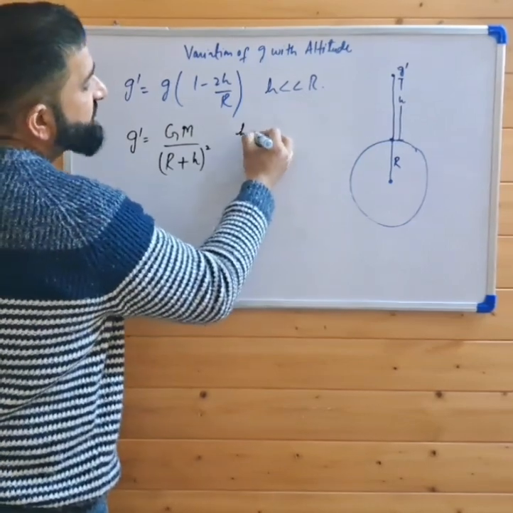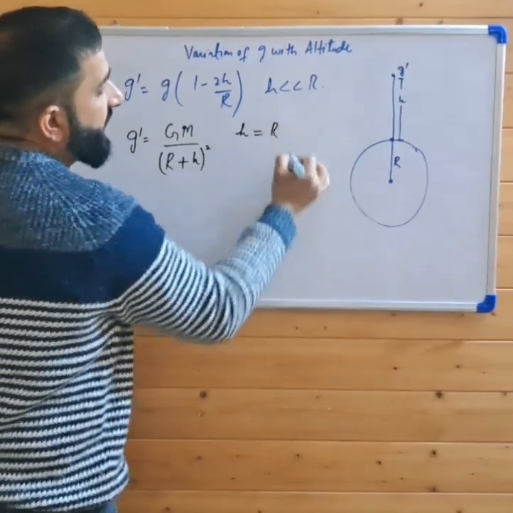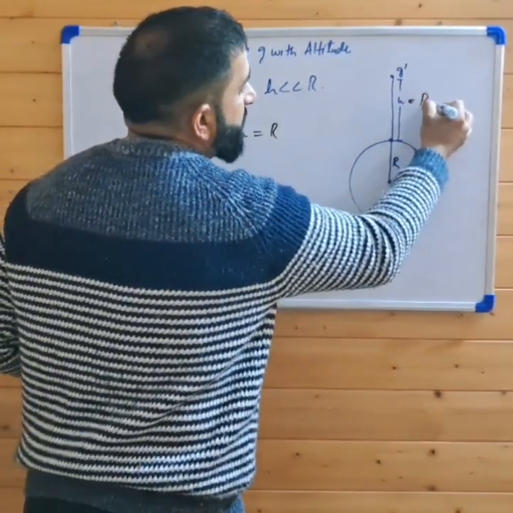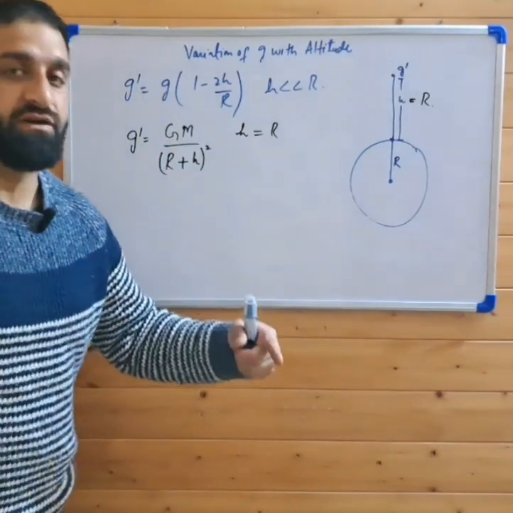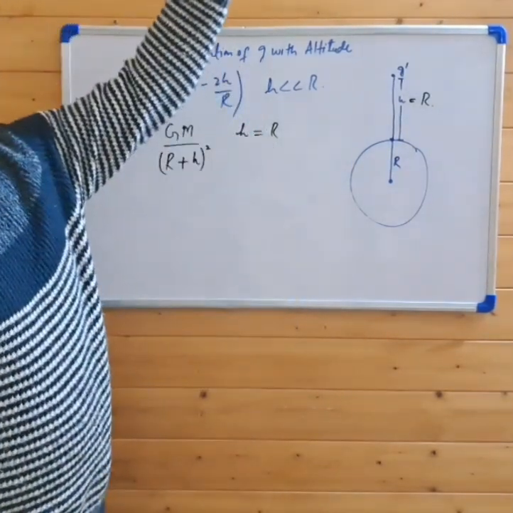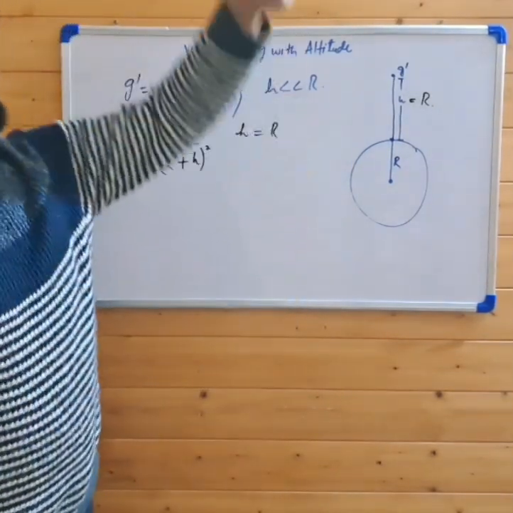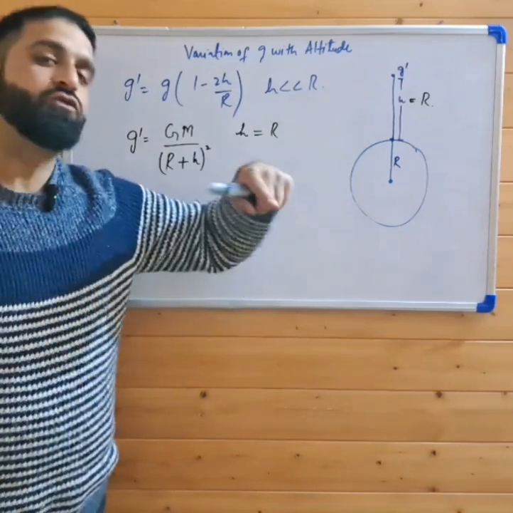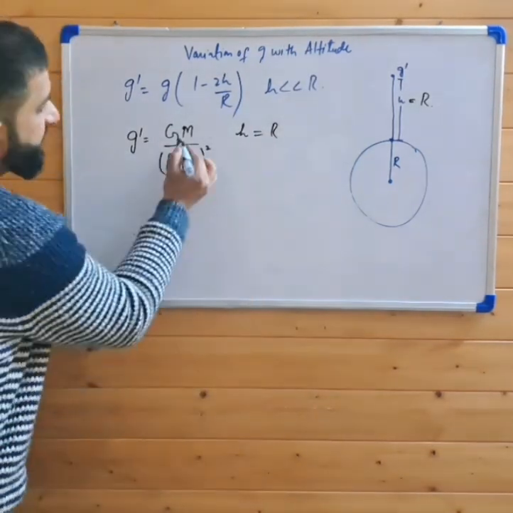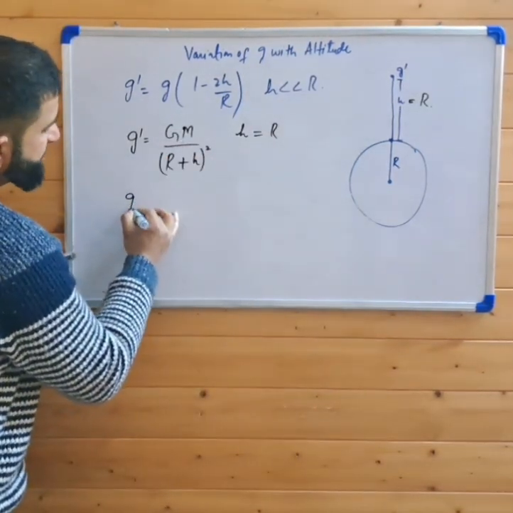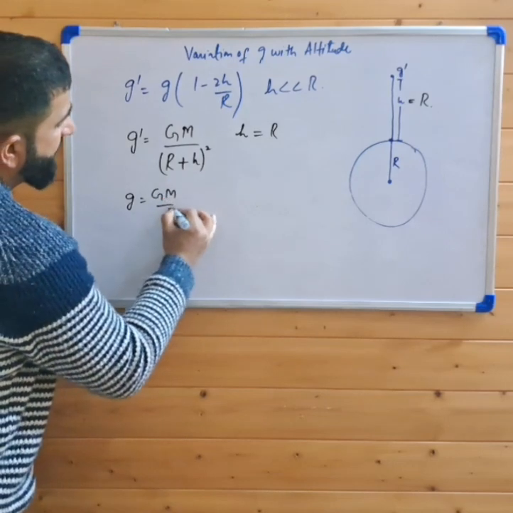Now if h here is equal to r, from the surface of earth it is at a distance of r, or from the center of earth it is a distance of 2r. In that case we know g is equal to GM by r square.